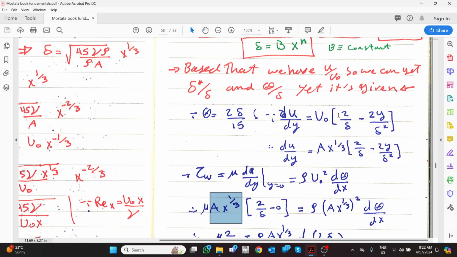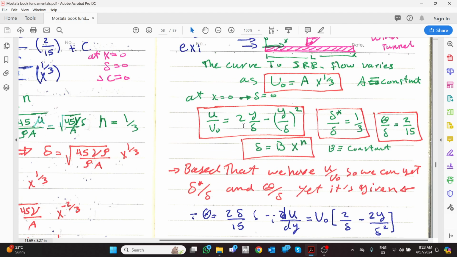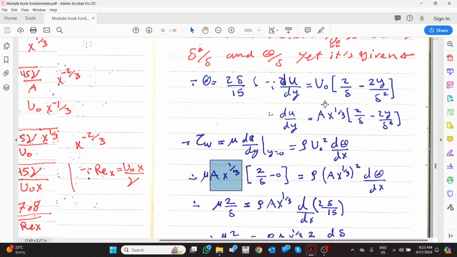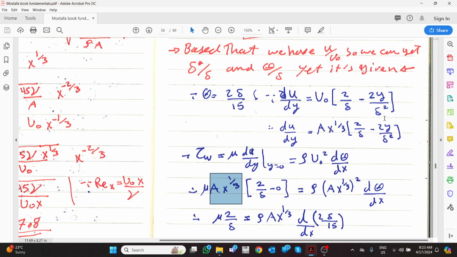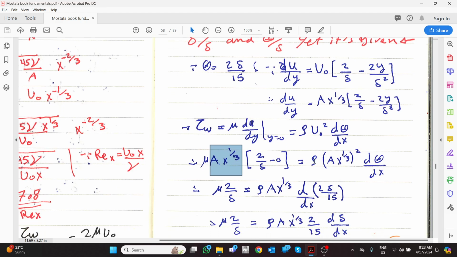So du by dy, yes, it is u naught multiplied by 2 over delta minus 2 y over delta squared, as written here. So u naught is equal to a x to the power of 1 over 3. This term should equal this term while you apply at y equals 0. So this term is mu times 2 over delta, equal to rho u naught squared.